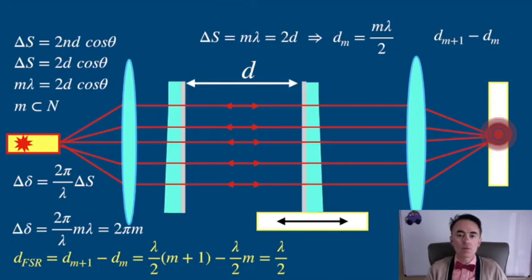So we can determine the wavelength of the light source by measuring the distance that we need to move one of the plates from one maximum to the next one.